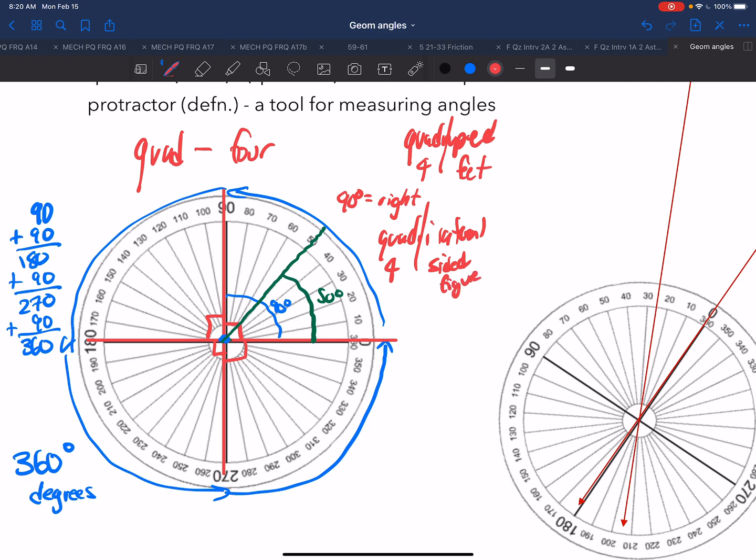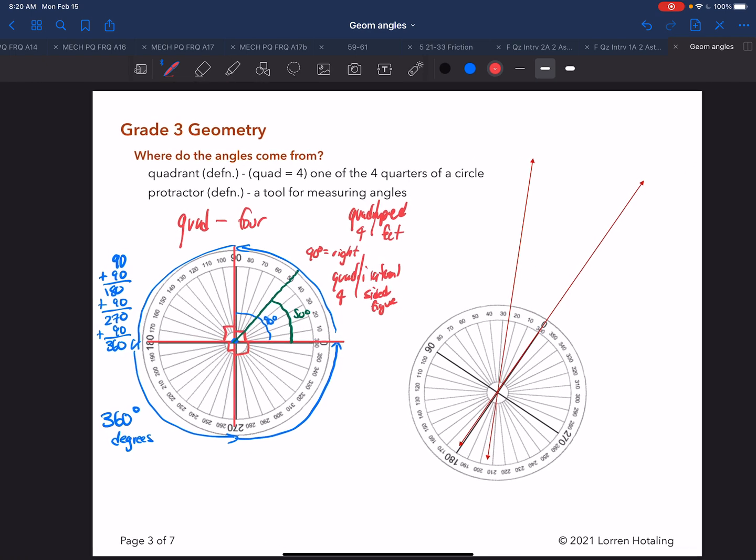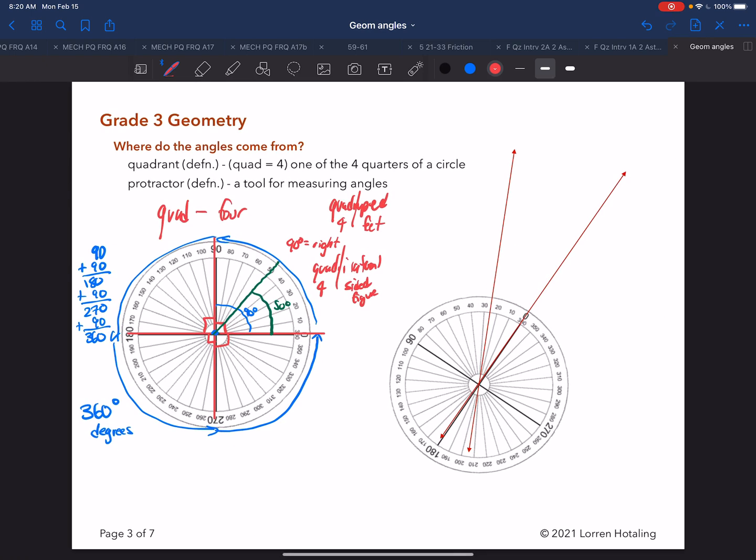So there are 4 quadrants to a circle. Quadrant, quad equals 4. It's one of the 4 quarters of a circle, and they get numbered. This is quadrant 1, this is quadrant 2, this is quadrant 3, and this is quadrant 4. So those are our quadrants.